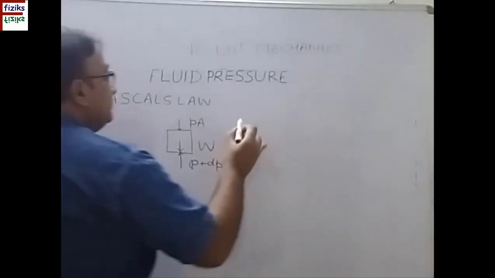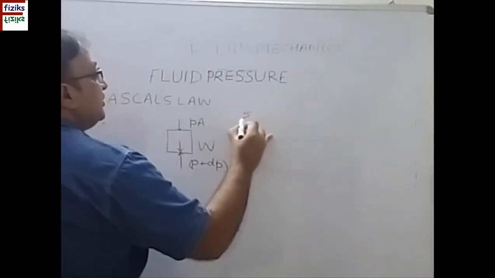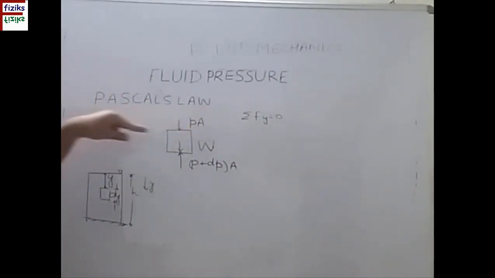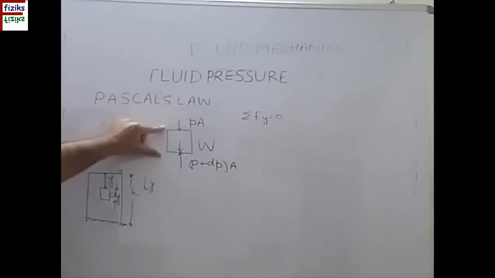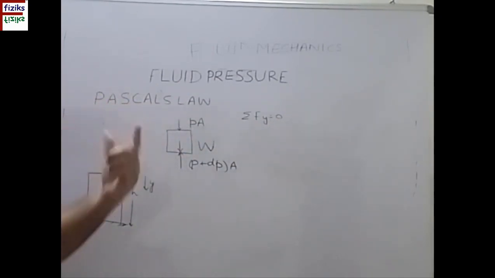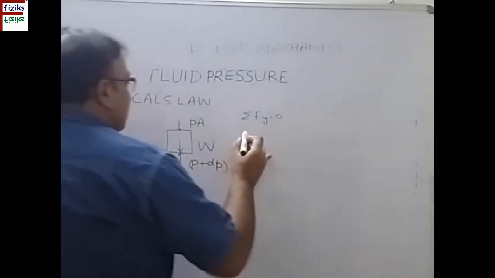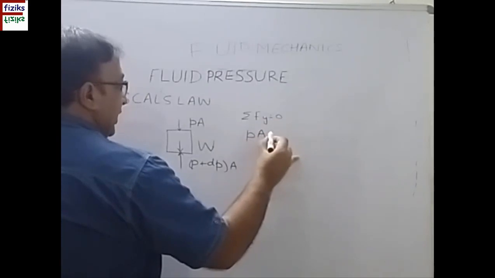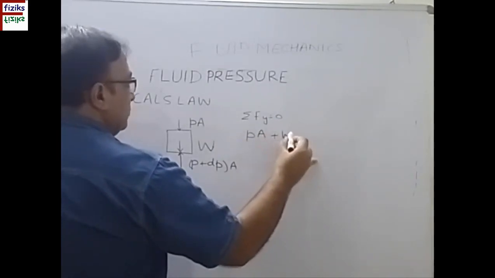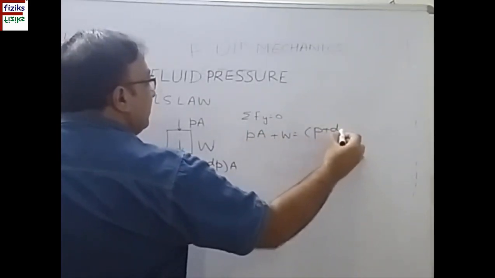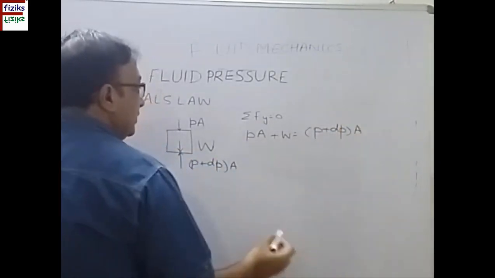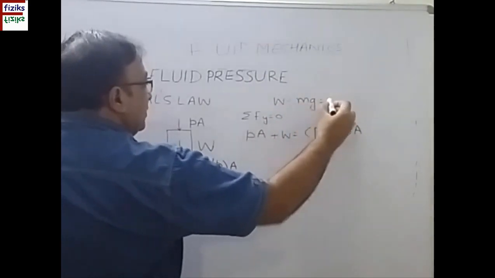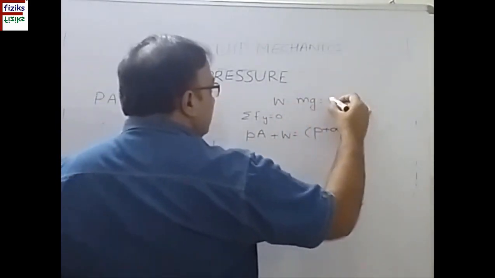For its equilibrium, net force in y direction must be 0, and you know that net force in x direction is 0 as thickness is very small, so force in horizontal direction is balanced. So I can write net upward force equal to net downward force. P into A plus W equal to P plus dP into A. W is the weight of the column, M into G, M is the mass, volume into density.